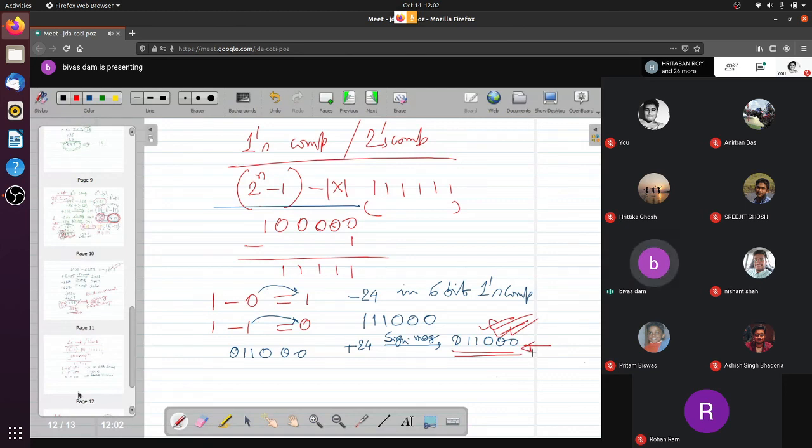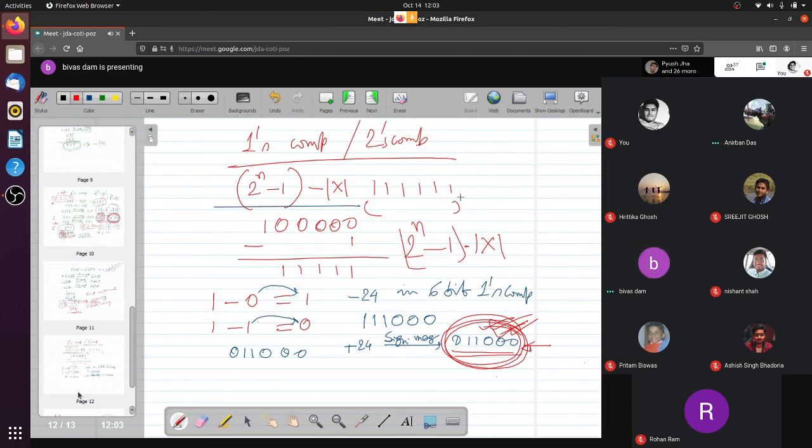Now, as the number is originally negative, I have to take the bit by bit complementation because I have to subtract mod x from 2 to the power n minus 1. That means I have to subtract every bit of x from 1.